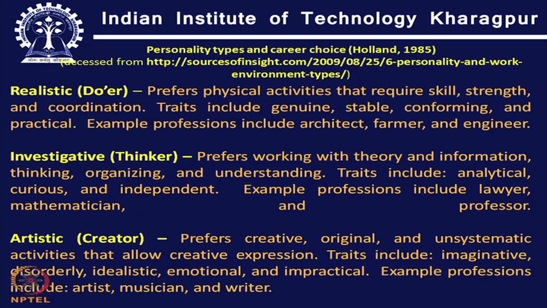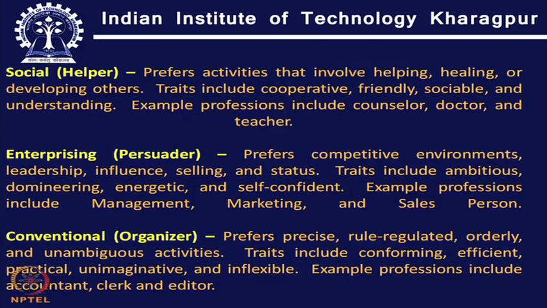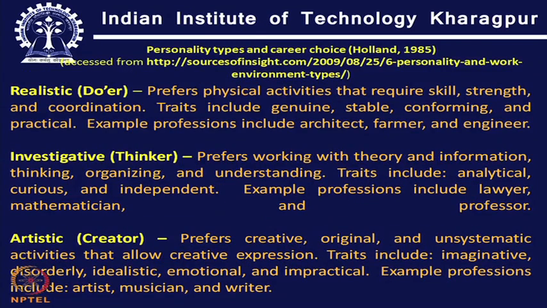So, if you move through these 6 different types of career choice and the corresponding traits given, and the examples of the professions which fit into these different types of personality, you find that the jobs themselves have their own personality.